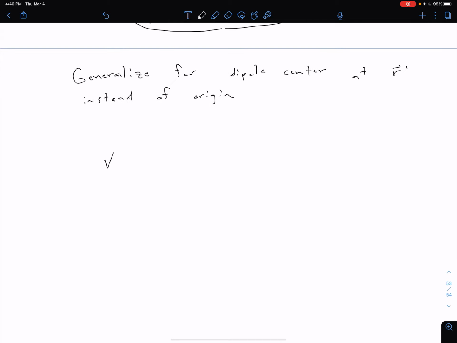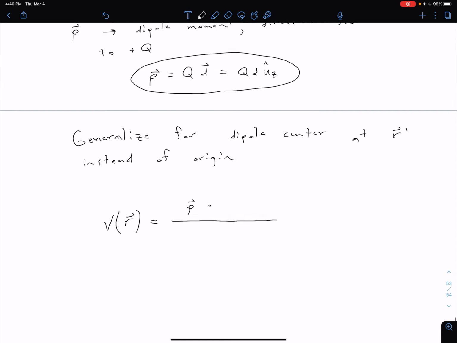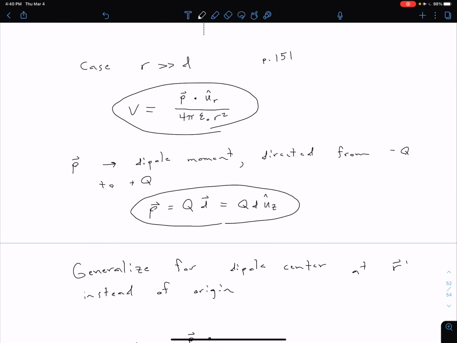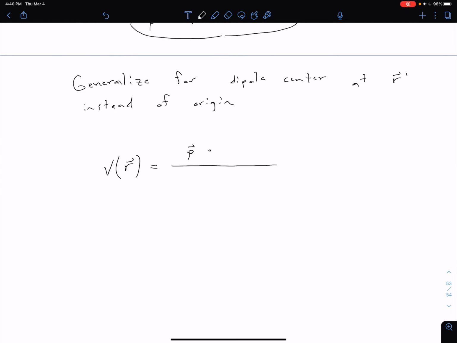what we're going to get is the potential at some observation point located by the position vector r unprimed. We're going to see that it is equal to our dipole moment P, and now instead of dotting that with our unit vector in the r direction, we use the fact that our unit vector in the r direction is our r vector divided by r. So we end up with an r cubed in the denominator, and instead of a unit vector up here, we end up with just the vector between the two points.